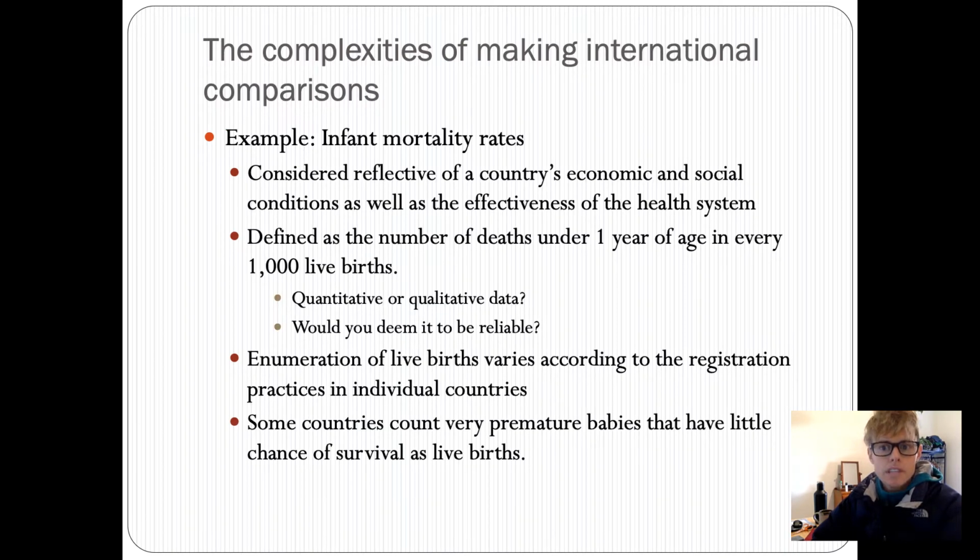Let's look at a specific example, infant mortality rates. This is often considered reflective of a country's socioeconomic position, as well as the effectiveness of the healthcare system. Generally speaking, infant mortality is defined as the number of deaths under 1 year of age in every 1,000 live births. So here we have a definition. But what counts as a live birth?